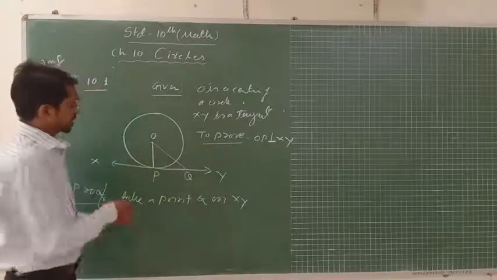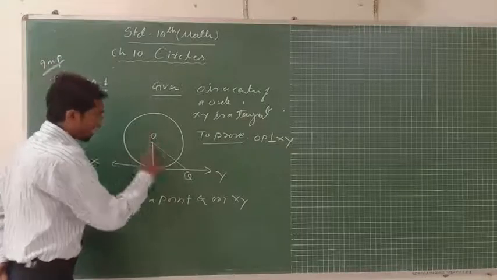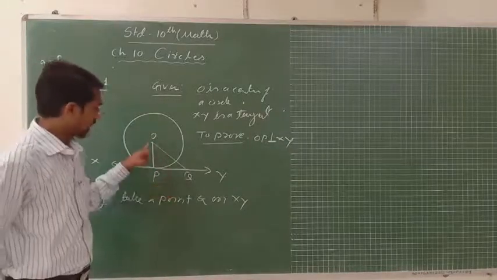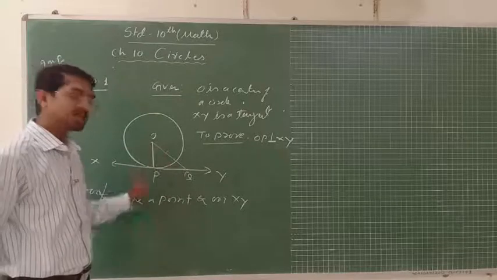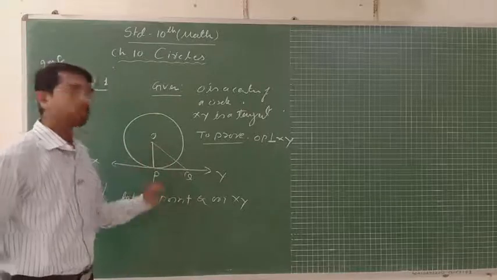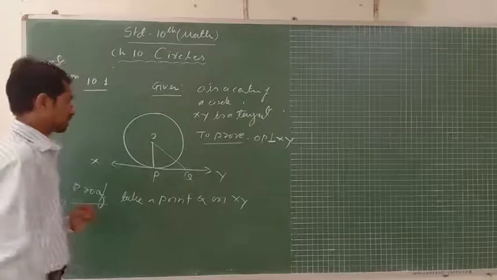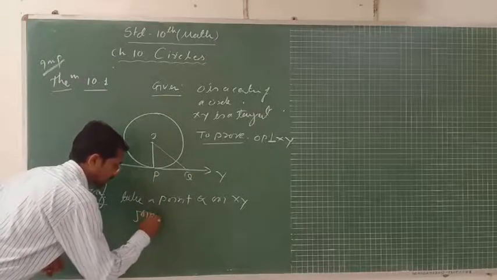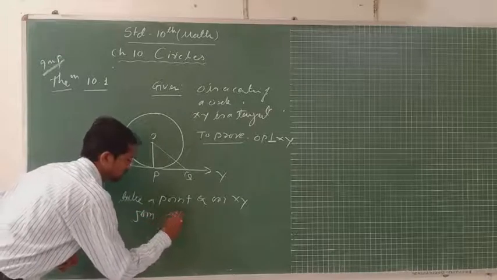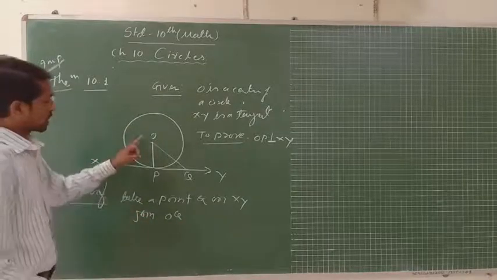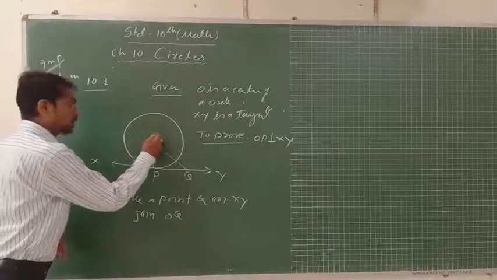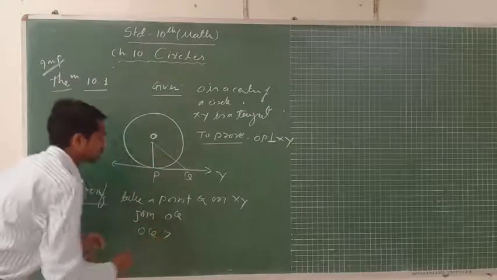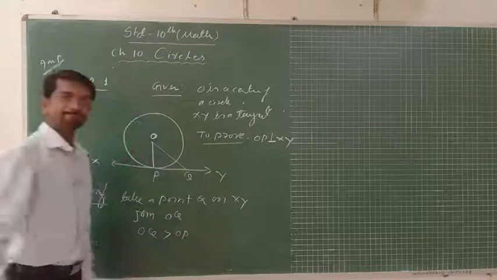Observe that OQ and OP, which is the bigger? Which length is more? Definitely OQ is more than that one. Okay, so if we join OQ, what we observe is that OQ is more than OP.